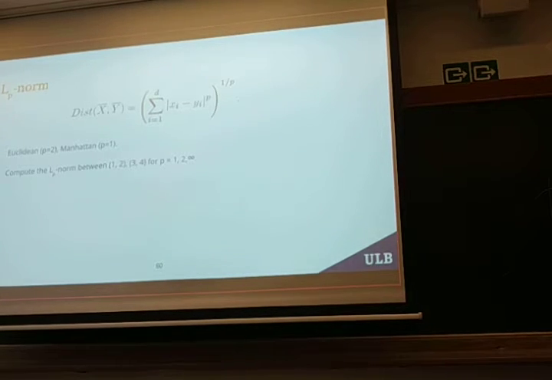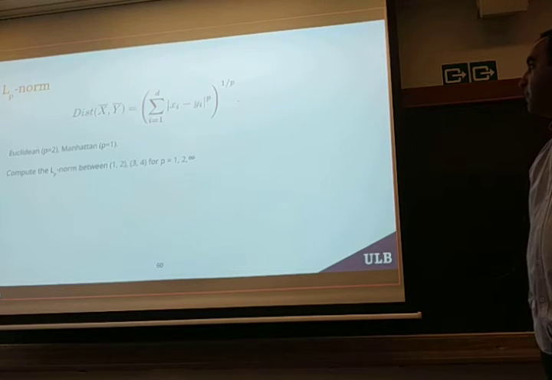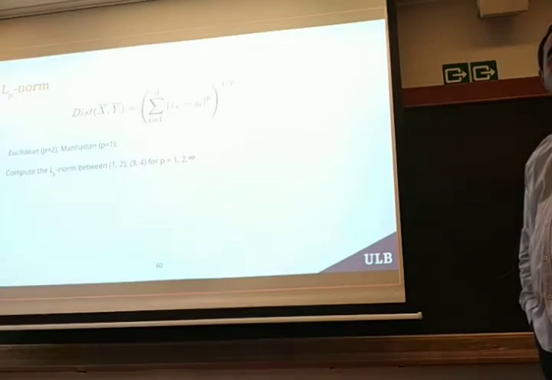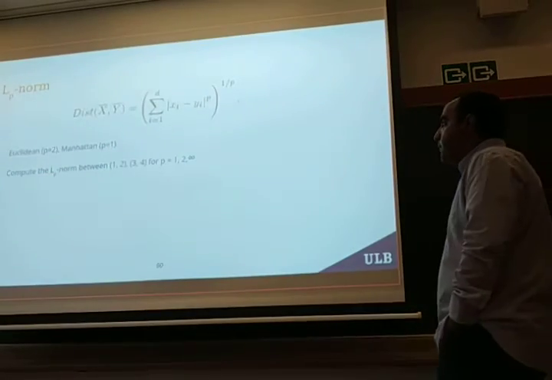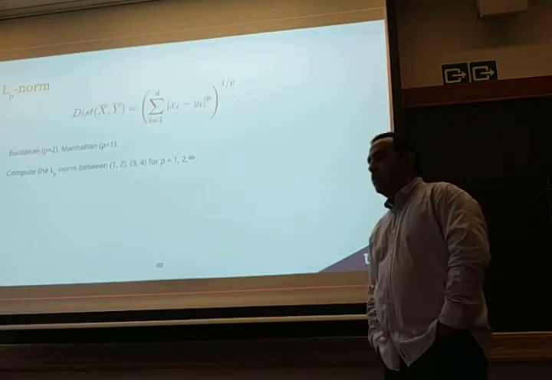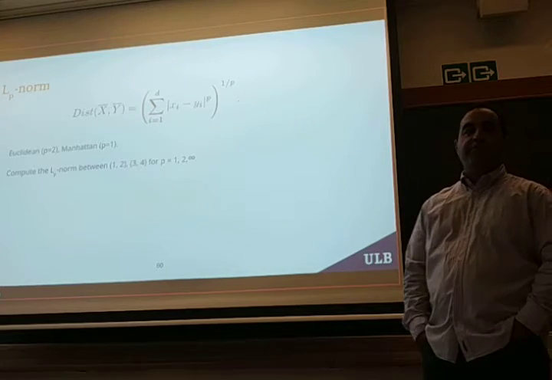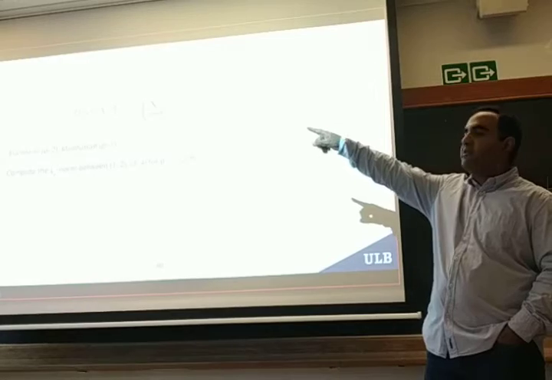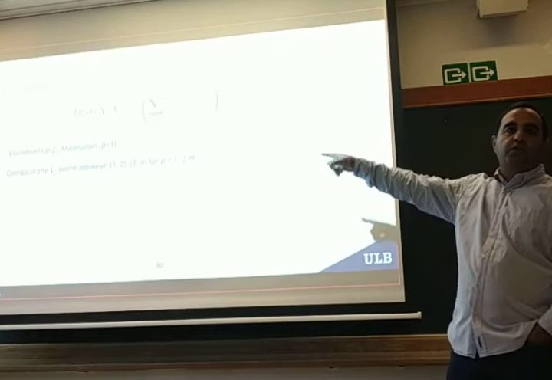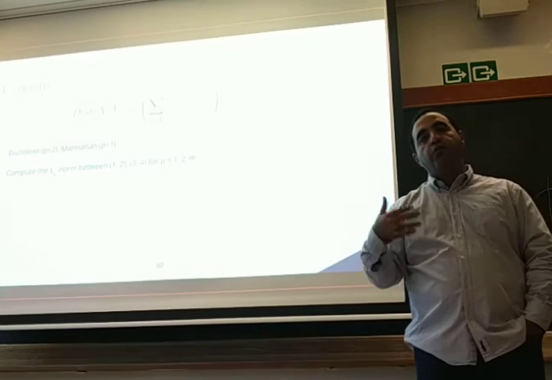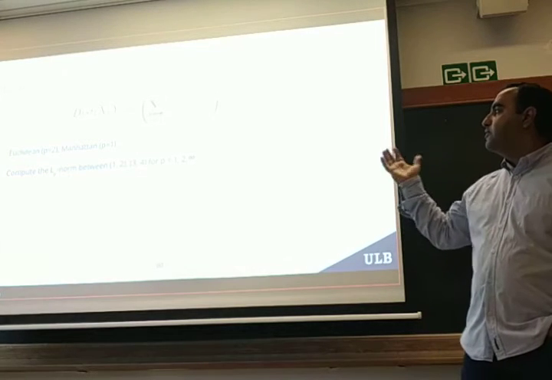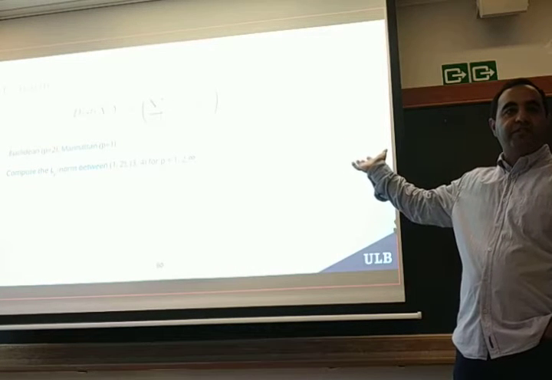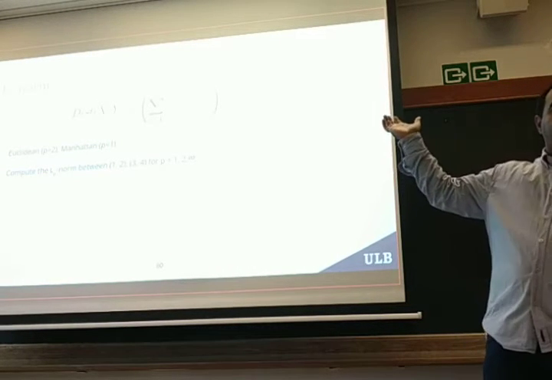What does P actually mean in a mathematical sense? It's just a random value? I mean, no, not random. It's a subscript for the distance. You say I do L2 norm. So you see the name, it's called LP norm. So we have names for the Euclidean and Manhattan and the infinite, L infinite.